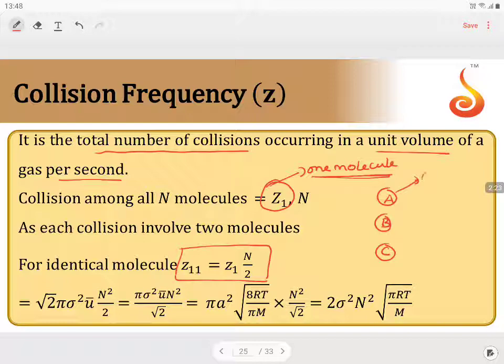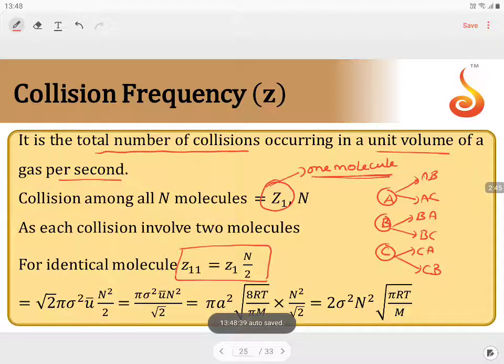A can collide with B, A can collide with C, B can collide with A, or B can collide with C. In the same way, C can collide with A and C can also collide with B. So there are six types of collisions possible among A, B, C within themselves. So n is expected to be 6.